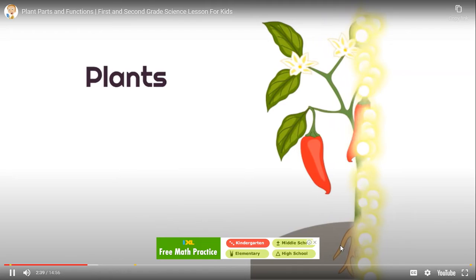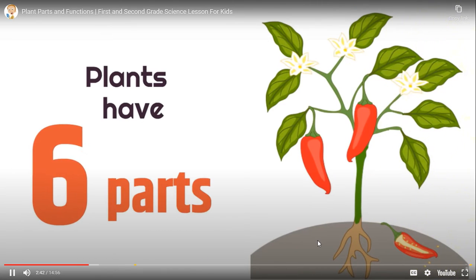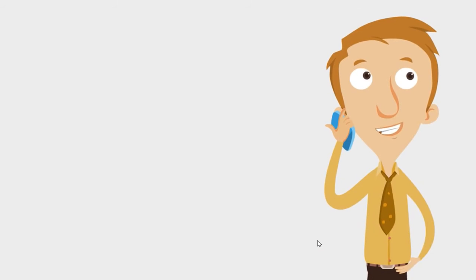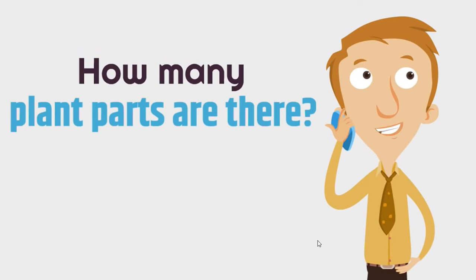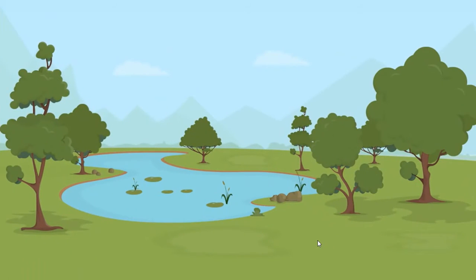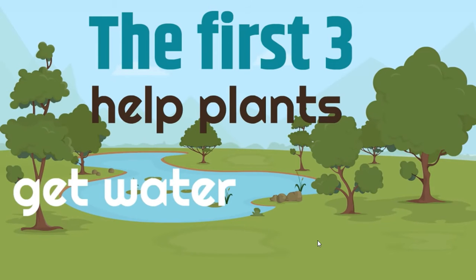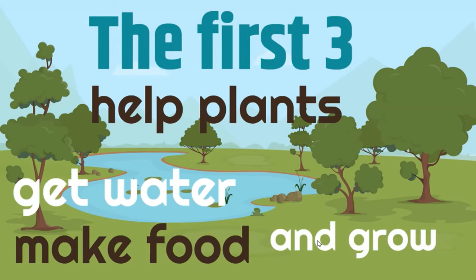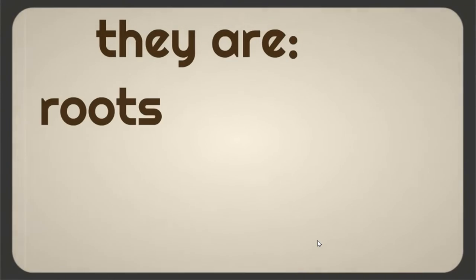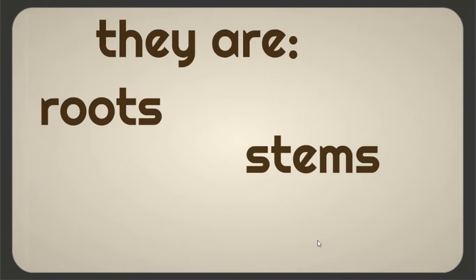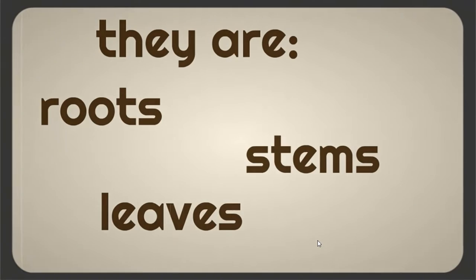Okay, so plants have 6 parts. All right, so how many plant parts are there? Yeah, 6. There are 6 plant parts. The first 3 help plants get water, make food, and grow. They are roots, stems, and leaves.